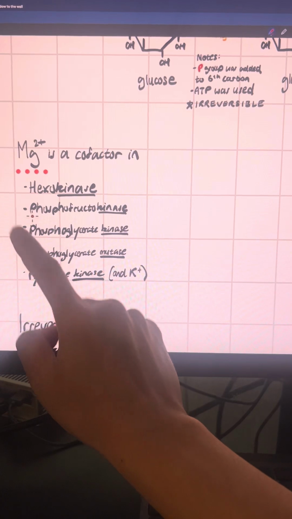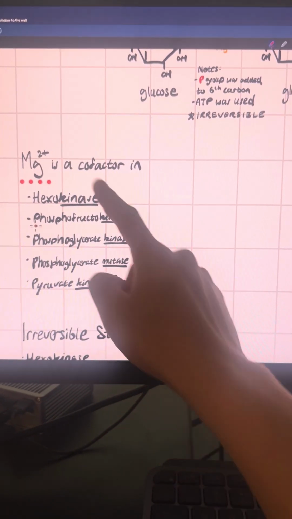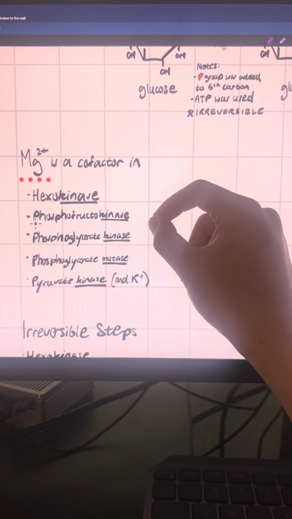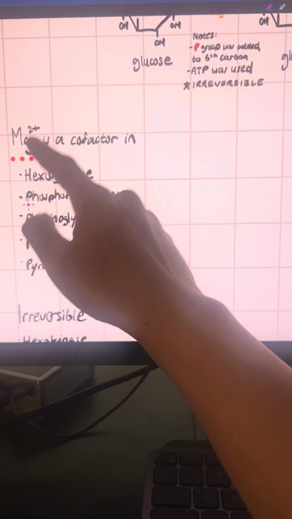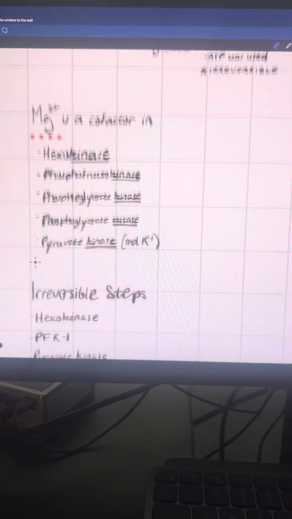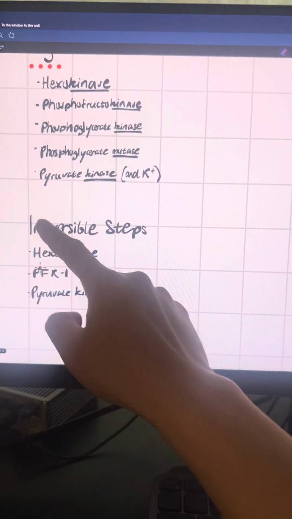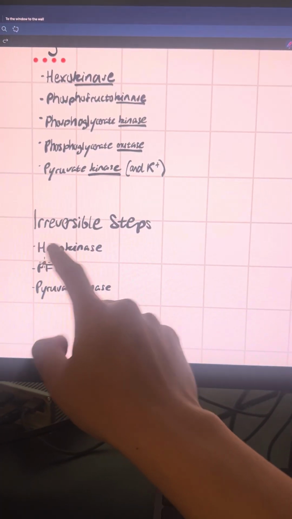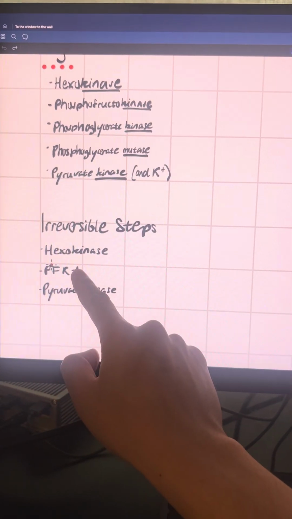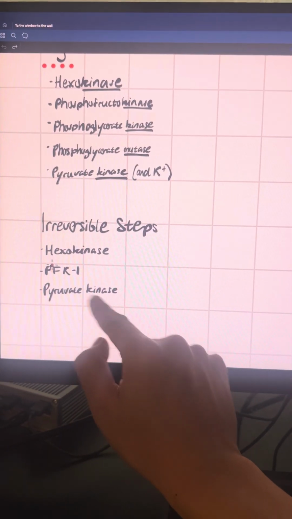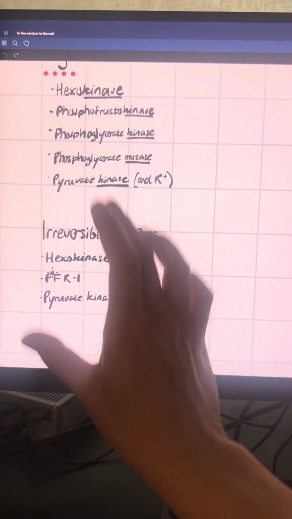So just remember phosphoglycerate mutase and all the kinases. The irreversible steps were hexokinase, phosphofructokinase 1, and pyruvate kinase. Know those three for sure.